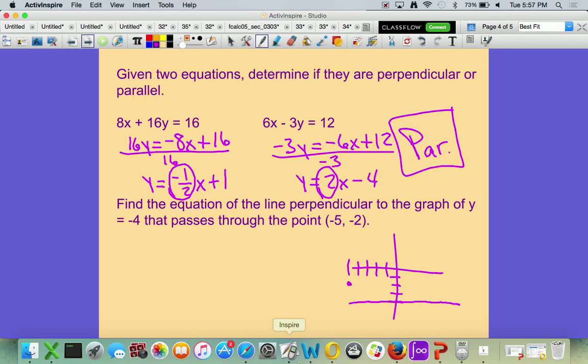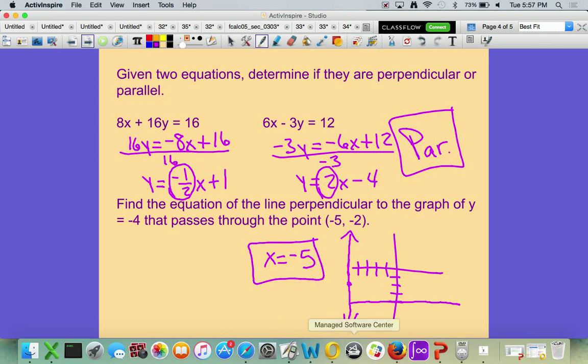Well, if this line is perfectly horizontal, that would mean that this line has to be perfectly vertical. What's the equation of that line? Well, that is when x equals negative 5.